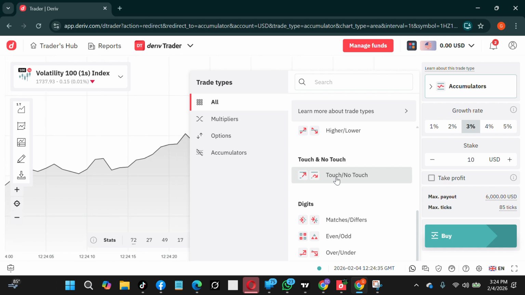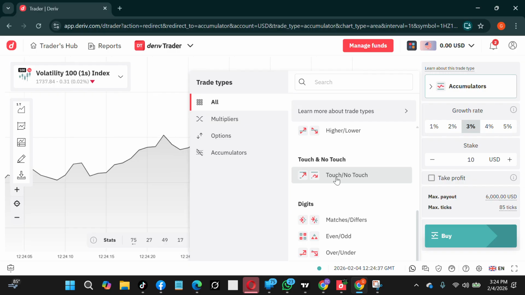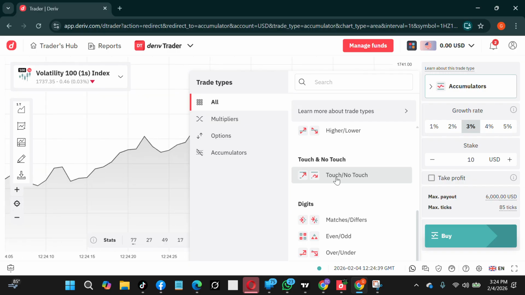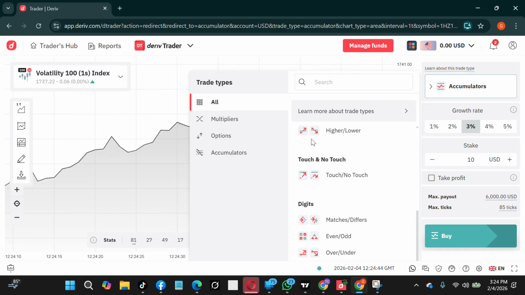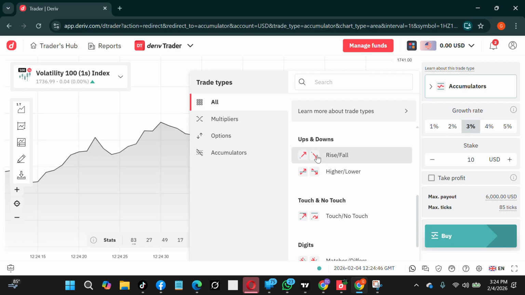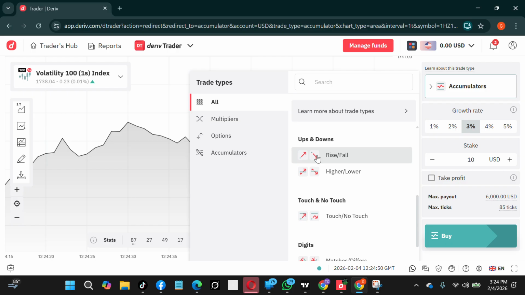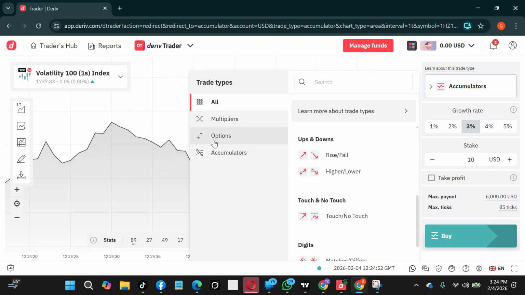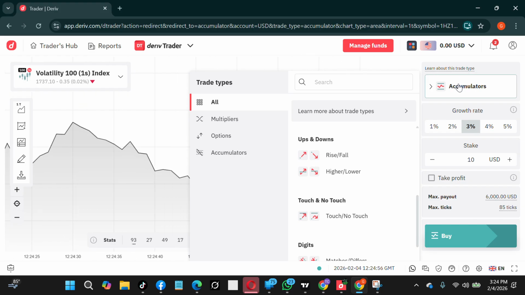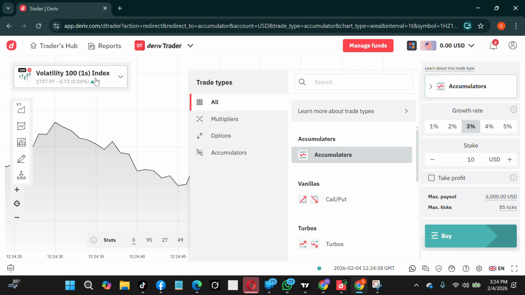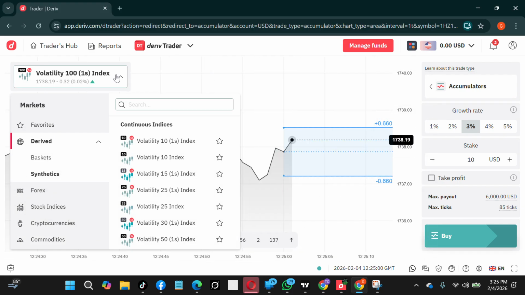It depends on how well you have mastered these trade types. We'll only be dealing with four trade types. Those are the trade types that I normally dwell on. You must understand the difference between these trade types and this volatility.